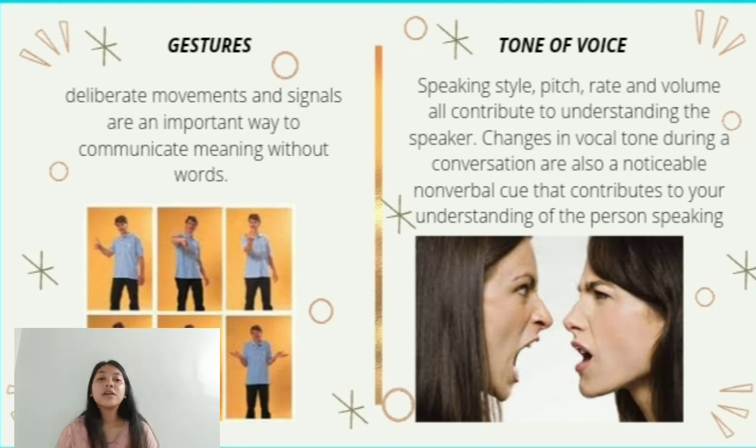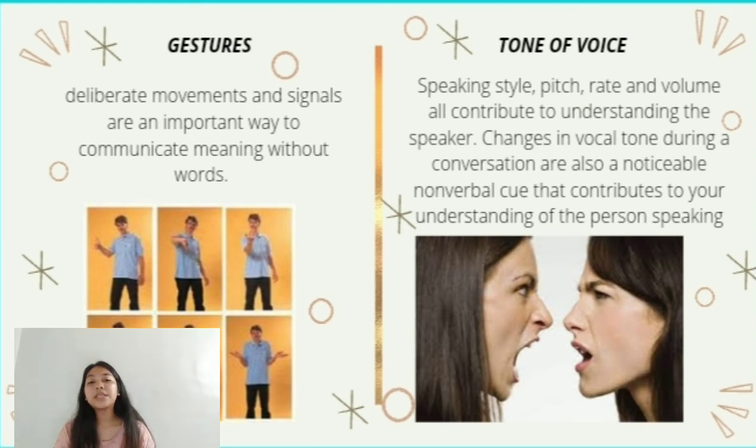Next is gesture. Deliberate movements and signals are an important way to communicate meaning without words. So gesture includes the movements of the hands, the face, or other parts of the body. Through the use of gesture, we can express ideas, feelings, and emotions. And if my gesture is like this, the meaning is that we say good or I like it.